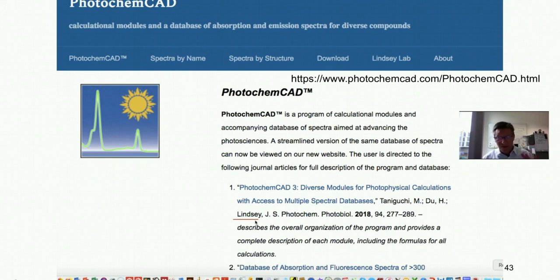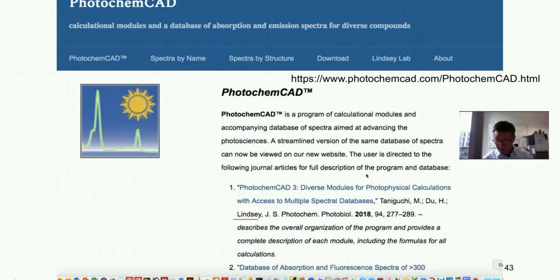Mr. Lindsay is also a very good scientist. Some of my PhD students also use his synthetic procedures from his group, and they work, they can repeat them. So if you want to apply a Förster or Dexter mechanism, you can try to look at this calculation module to see if you can get it operative and if it works for you.